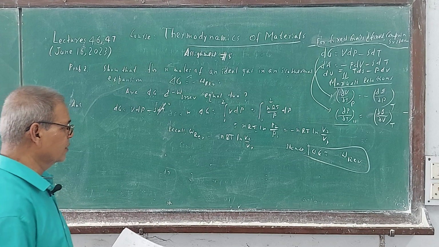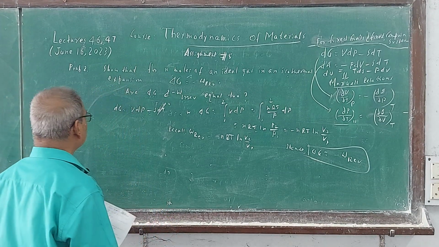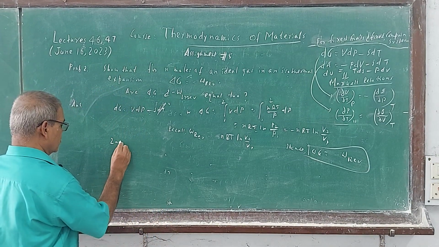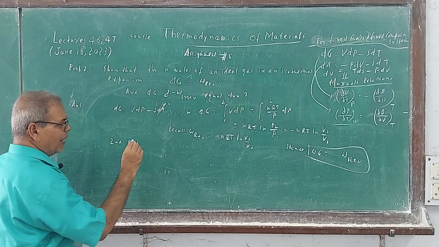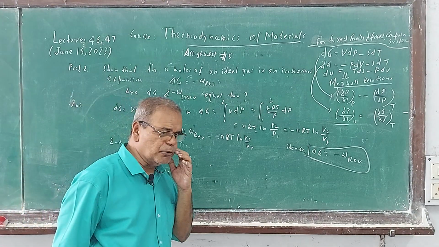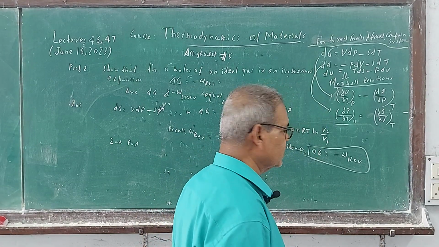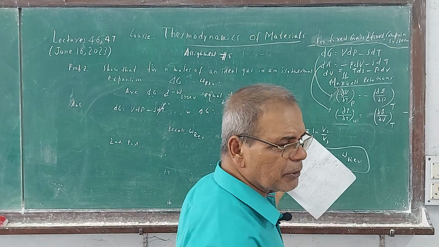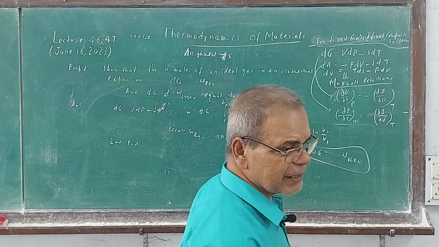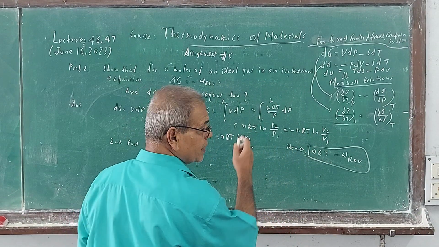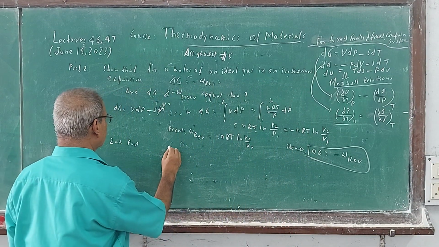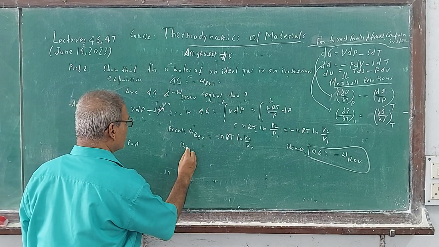So this is the next part, the second part. So minus delta G is equal to minus W reversible. Is it equal to minus W irreversible also? Because W irreversible, remember, for isothermal condition is less than. So this is for expansion.